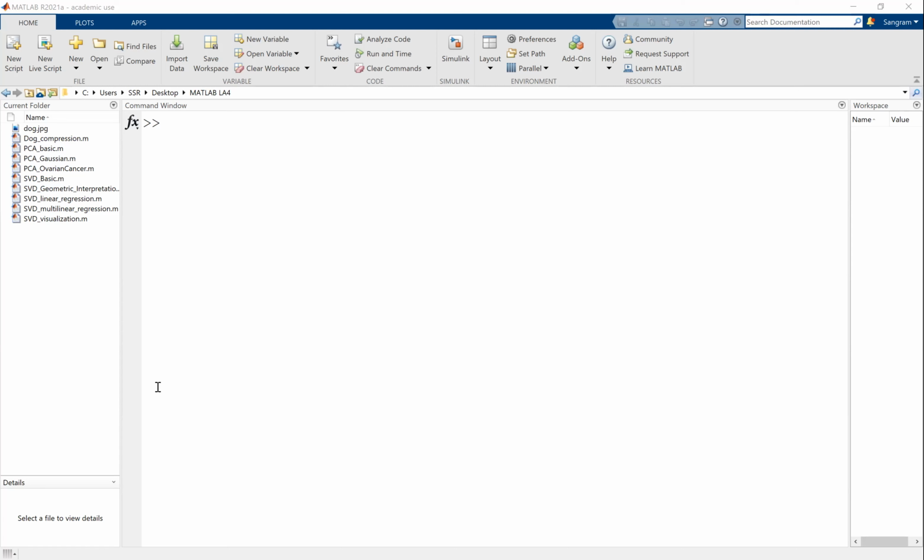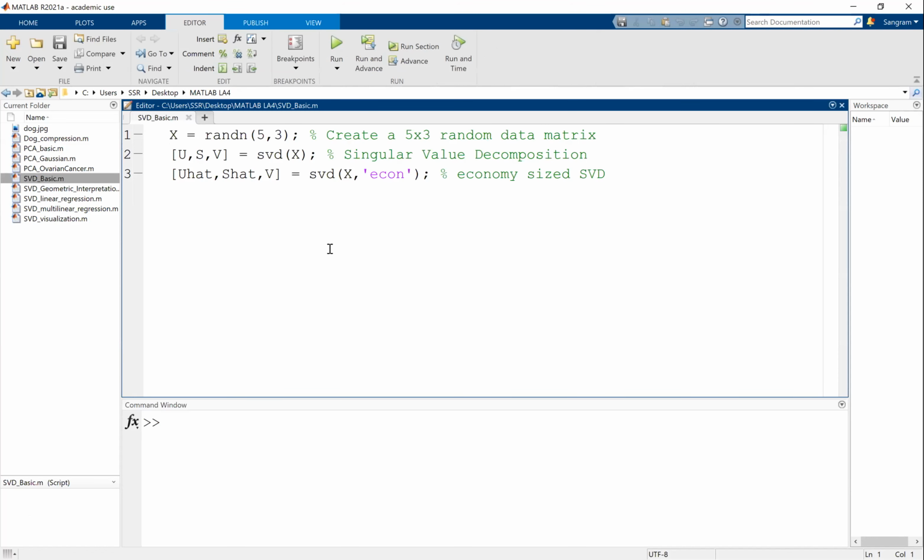Everyone, do you see what I have here? Now pay attention. First, we are going to start with a very simple problem. Double click on SVD basics. This is the simple command that will find the SVD. I'm going to show you.